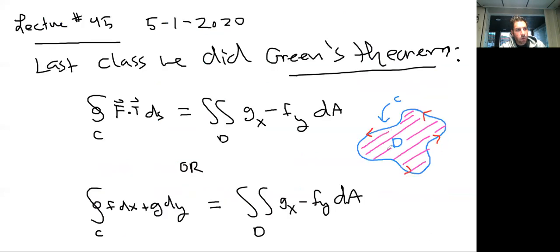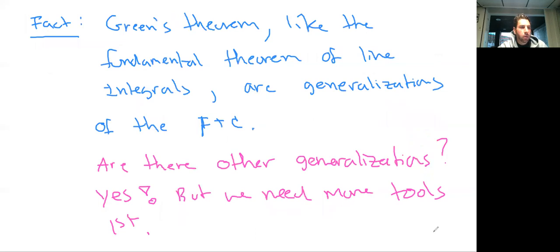We say the integral over this D is related to some sort of property of the boundary of D. And that property of the boundary of D happens to be an integral on that curve. And so in order to do other generalizations, like in higher dimensions, we need to make some new definitions. We need new tools.